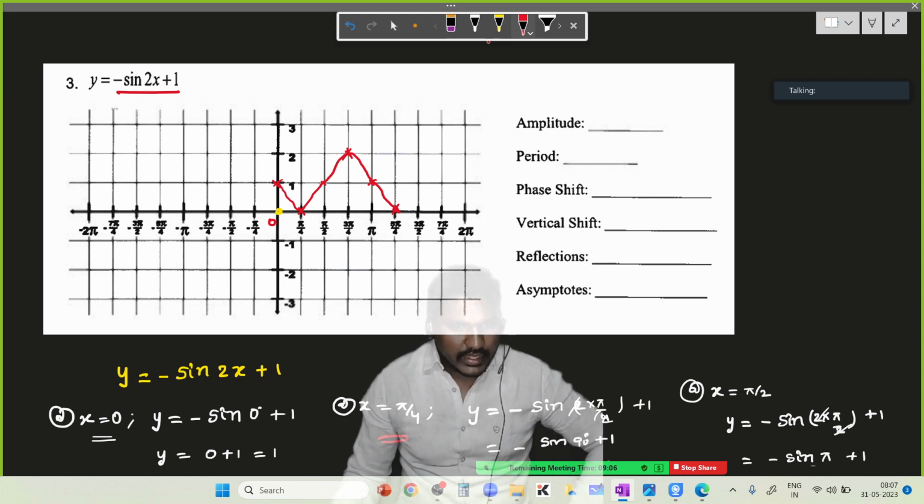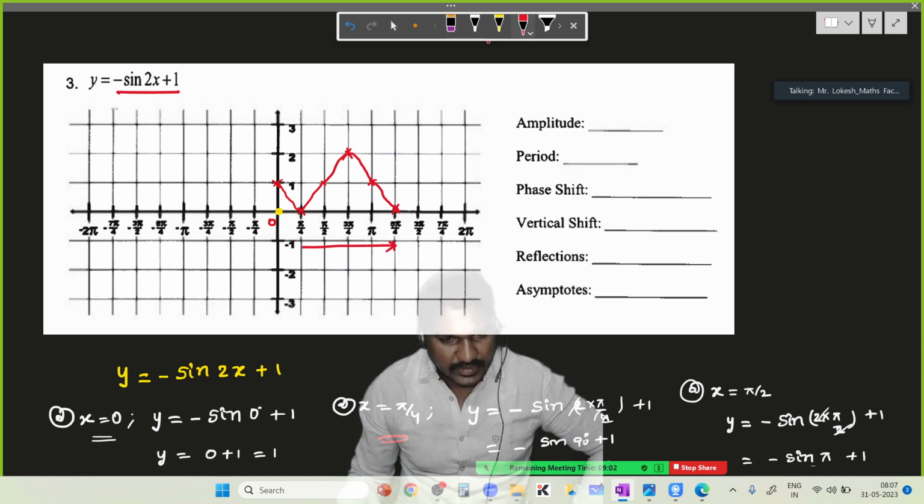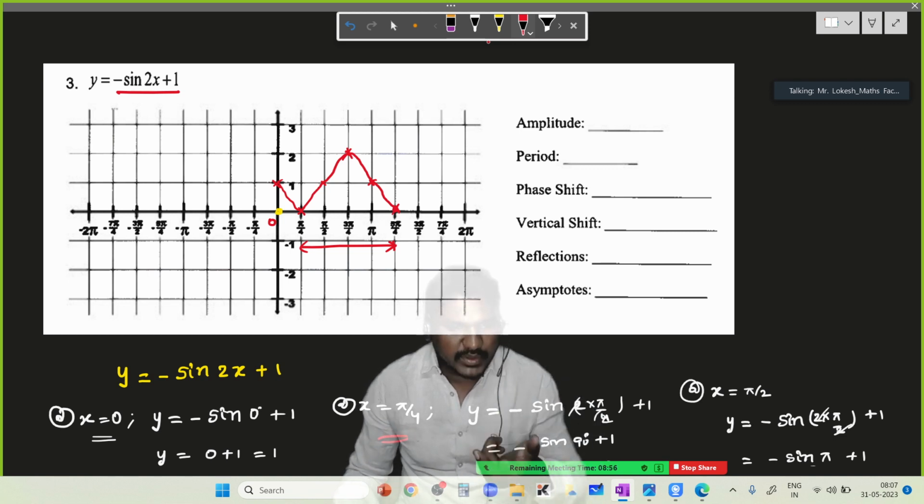And this cycle keeps repeating. Now what is the value of this entire length? Each interval consists of pi by 4: pi by 4, pi by 4, pi by 4, pi by 4. So 4 times pi by 4 will be pi.